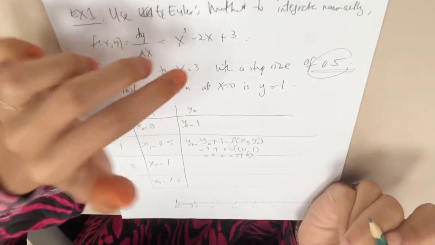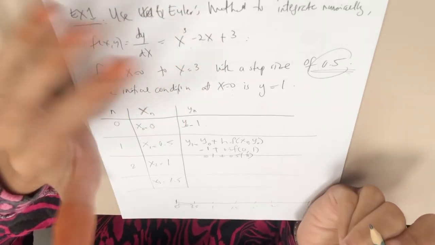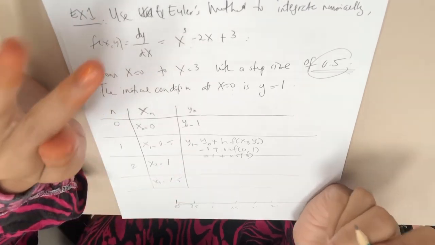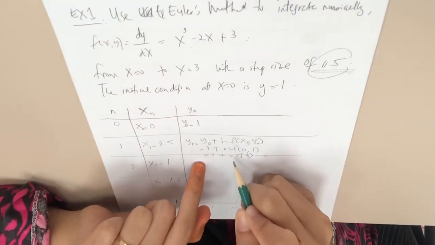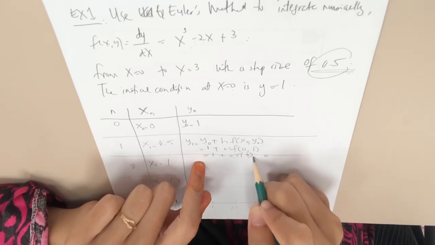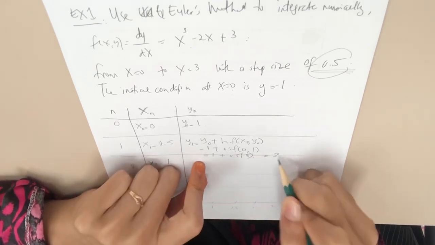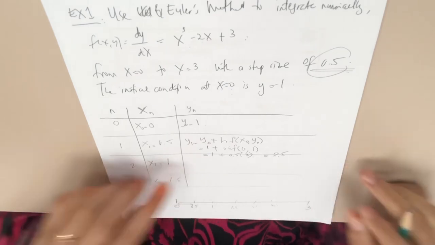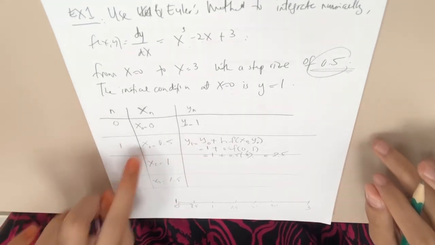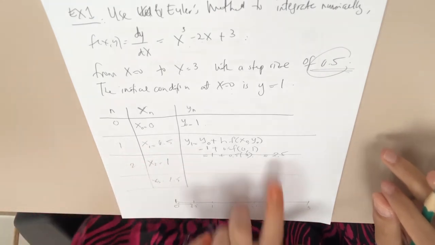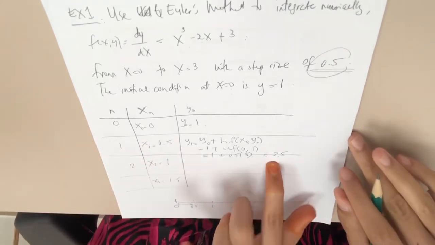There is no y here, so you don't need to substitute y, you just consider x. So we substitute 3. Now you calculate: 0.5 times 3 is 1.5, and 1.5 plus 1 gives 2.5. So now you have completed N1, which means your x1 is 0.5 and your y1 is 2.5.